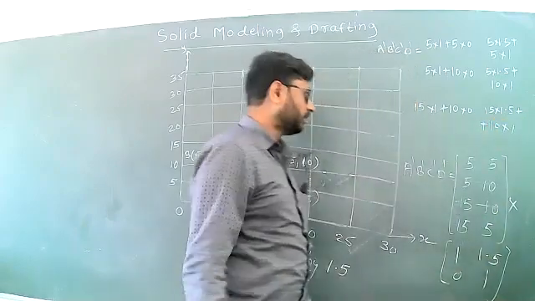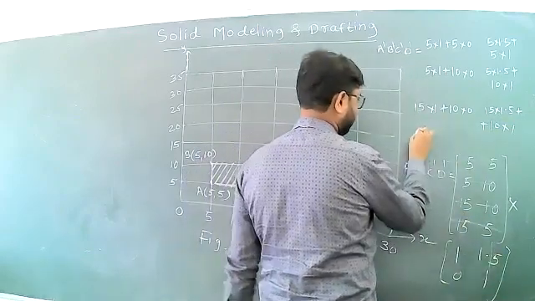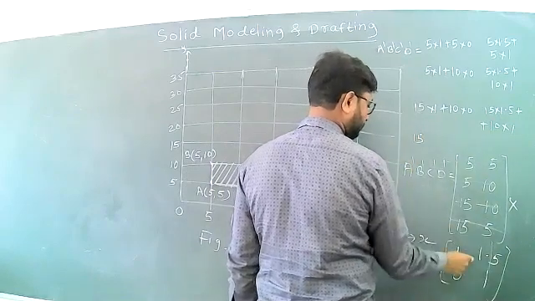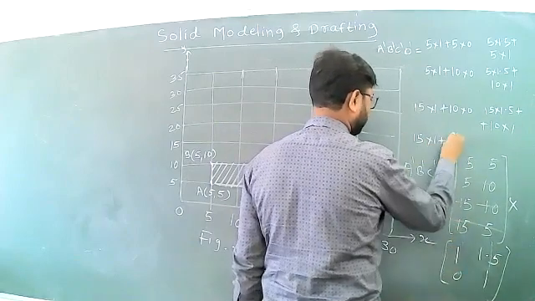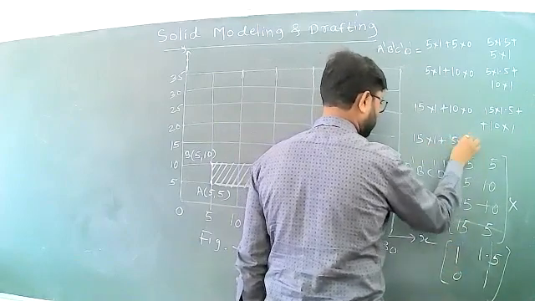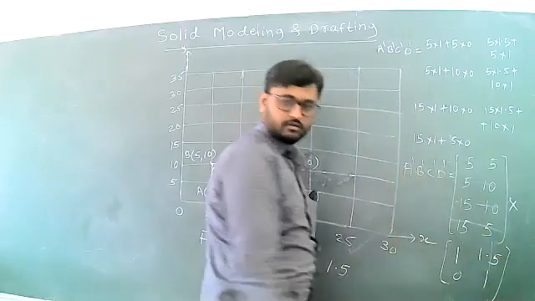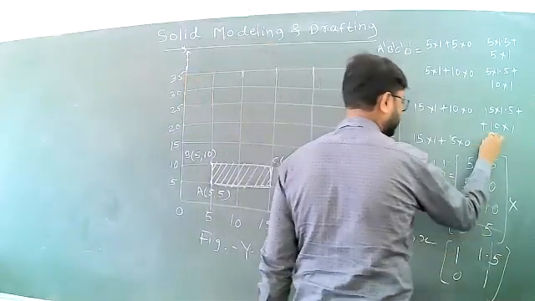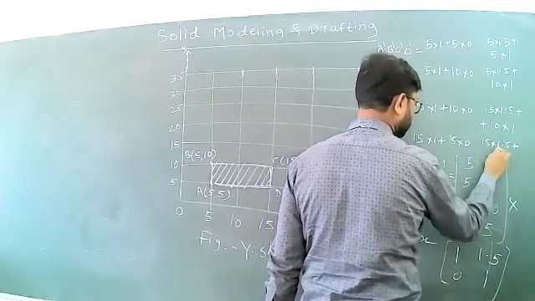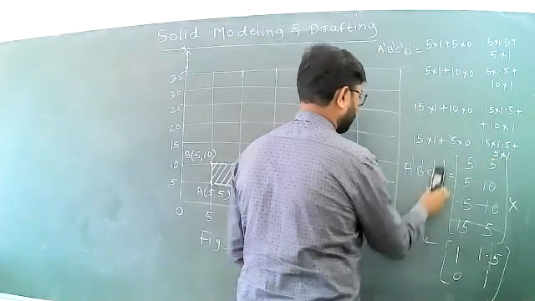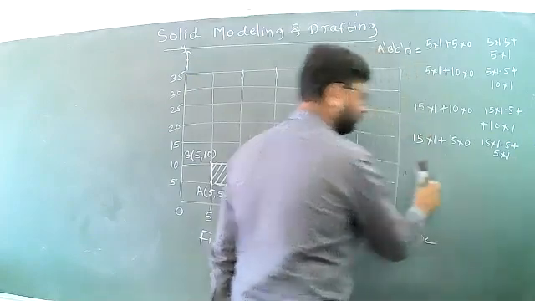And the fourth row: 15 into 1 plus 5 into 0, and second, 15 into 1.5 plus 5 into 1.